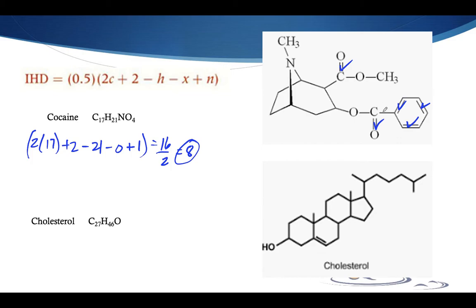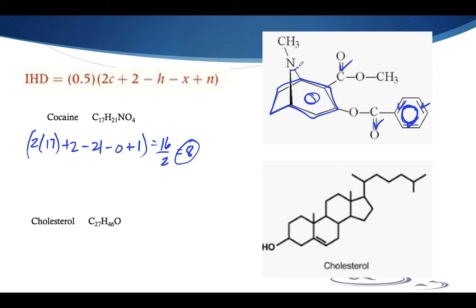How about the rings? Well, this is an arene structure, so that's a ring. I can see this big thing right here. Do you see it? This is all put together to be a ring. So there's another ring here. And then finally, there's a third ring right here. It's kind of hard to see.